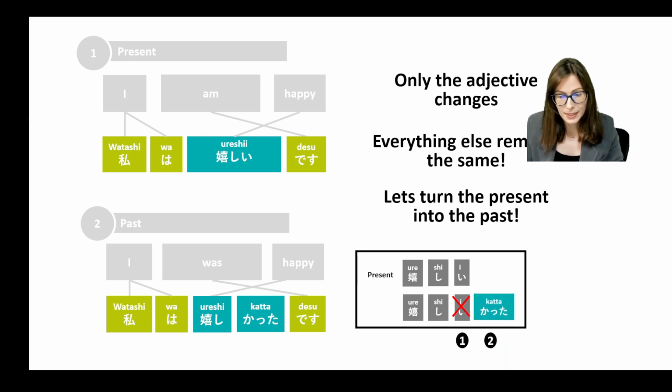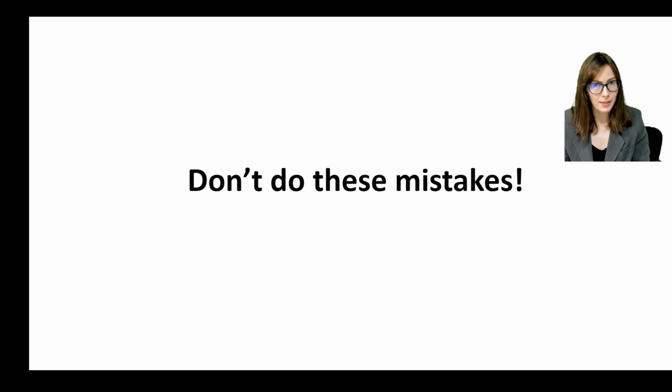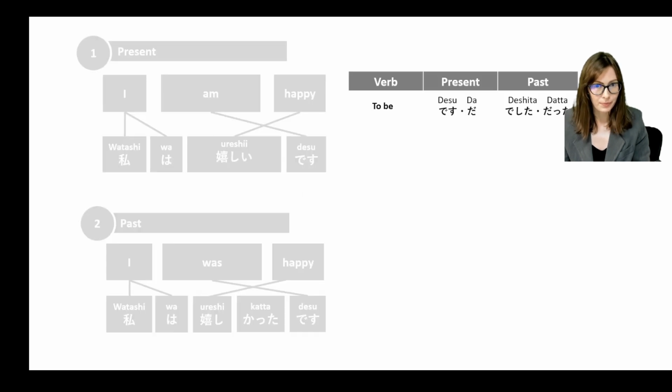If we do these two things, we will end up with the past. So the present is 嬉しい. The past is 嬉しかった. Let me read them again. 嬉しい, 嬉しかった. Can you hear the difference? You probably can. Excellent.